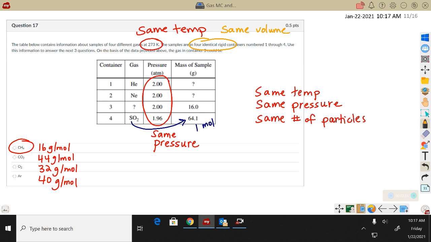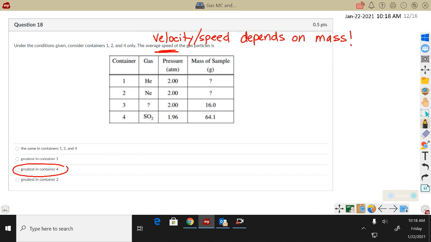And now by looking at the mass of the SO2 and having it really be like 1 mole, I could say then that this 16 must also be 1 mole of gas 3. And so the gas that had a molar mass of 16 was the CH4. That's a cute question. I like these little guys.